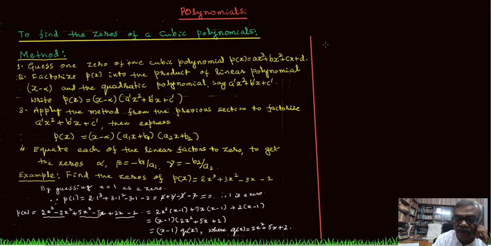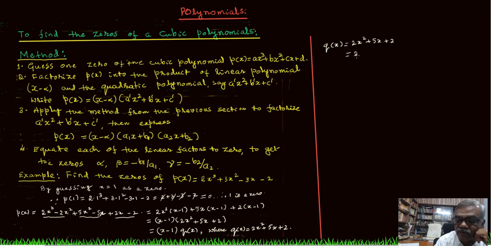Now q(x) can be factored. q(x) = 2x² + 5x + 2. Now you can use the method which I have discussed earlier. 2 into 2, 4, 5x can be written as 4x + x.